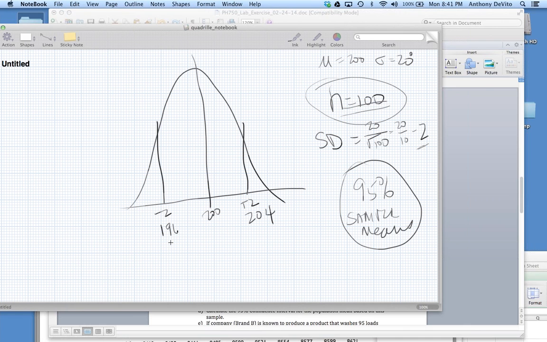Or actually, if I were going to use 1.96, it would really be 196.08 or something like that, and 2 times 1.96 gives 203.92, close enough, right? I'll let you guys actually work out the actual math there.